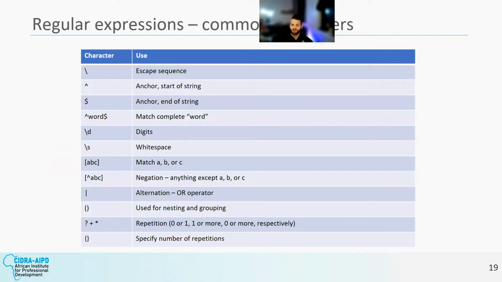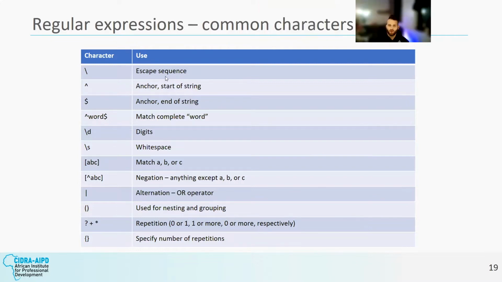So here are some common characters that we'll see. As you can see, there are many and they look perhaps somewhat strange. But as we've seen some already, we already know the escape character, and we'll see how a lot of these work.